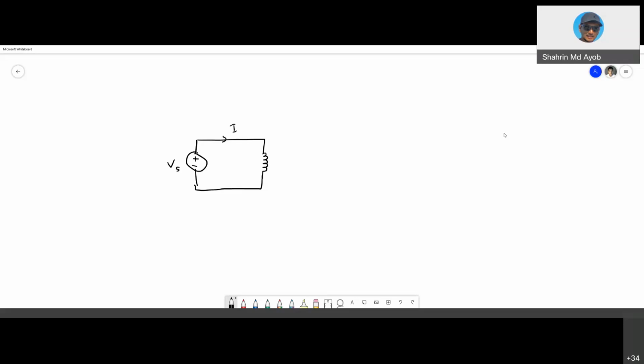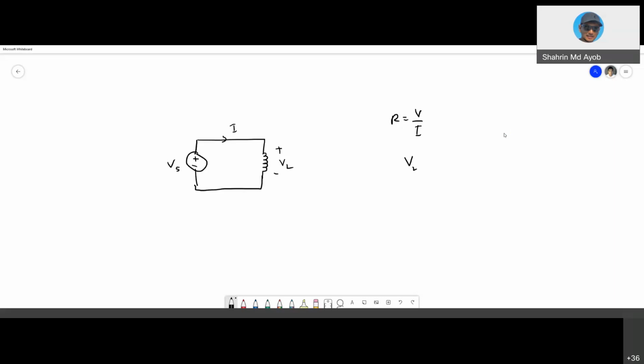Resistor is just linear, because we know R is equal to V over I, so it's a linear relationship. But for the inductor, the relationship of the voltage and current is not straightforward. This is just a briefing about what we will see in our AC circuit.